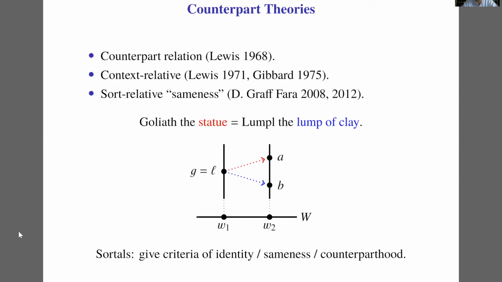And then, sure, Goliath has this trans-world identity qua statue, because statue is a sortal, or Lumpl has another criterion of identity because Lumpl is clay and clay is a sortal, and so on.